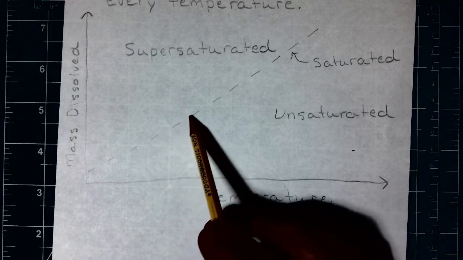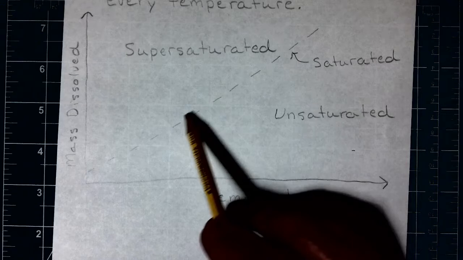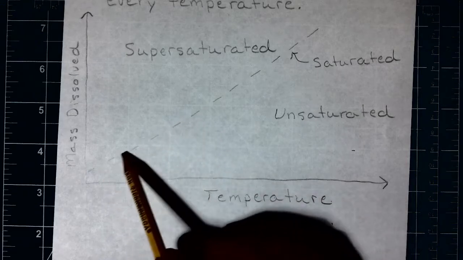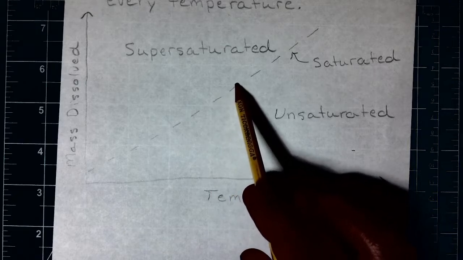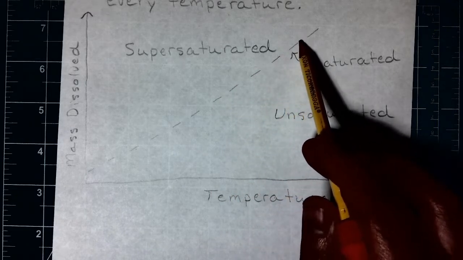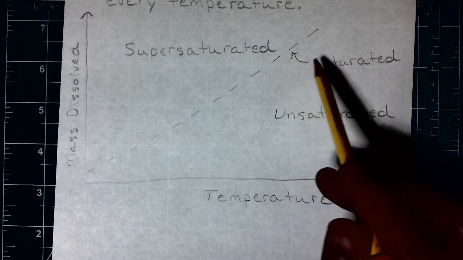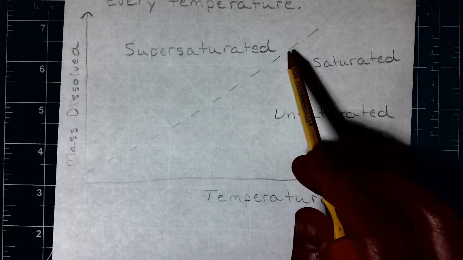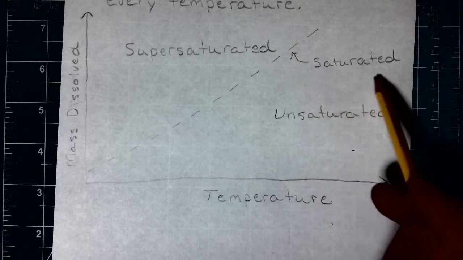It doesn't have to be a line, but in short areas it appears to be a line, where we reach the maximum amount of solute that can dissolve at any given temperature. And it's going to go up and up in this case, say like a solid dissolved in a liquid. And when we have a solution where we've dissolved the maximum amount of solute, we call that saturated.